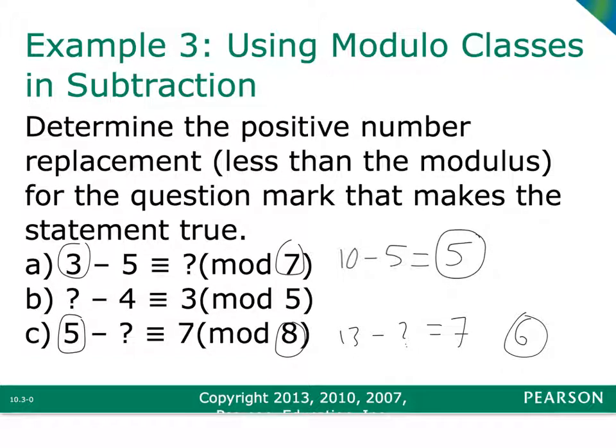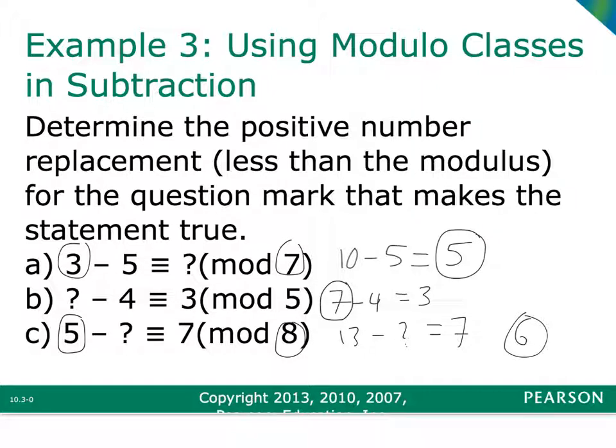Now we're going to take what minus 4 equals 3 modulo 5. That one's a little bit trickier. Now we know what minus 4 gives us 3. 7 minus 4 gives us 3, so we can start with that. But we have to figure out what this is modulo 5.